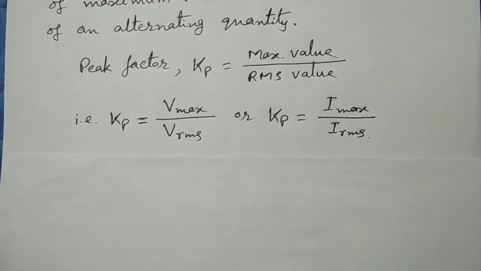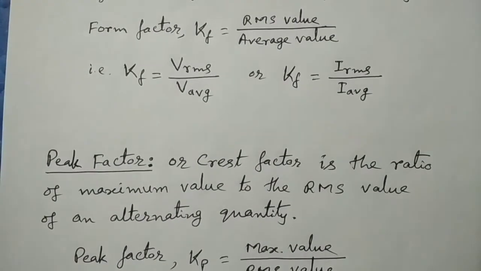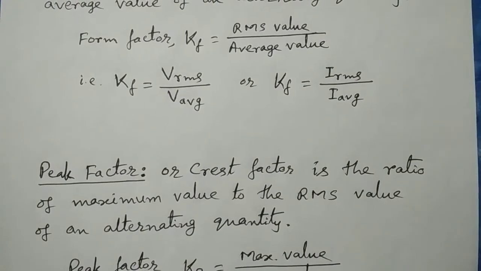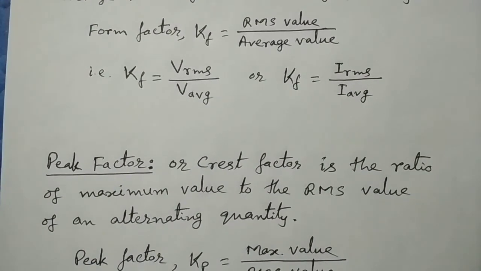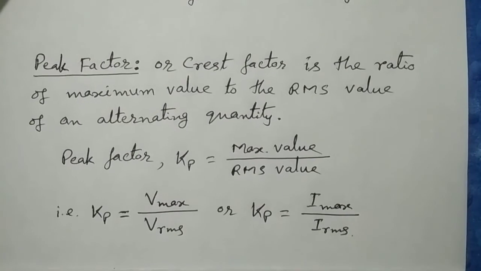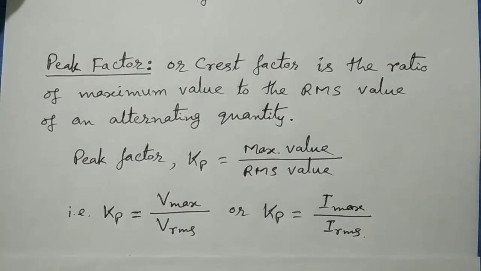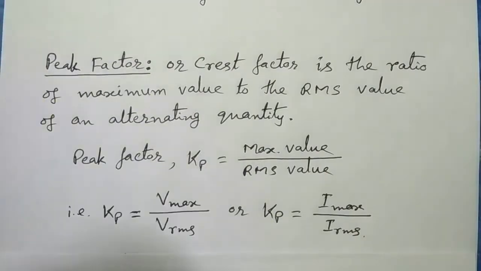This form factor and peak factor are basically used to design the alternating voltage source. For example, we have seen the inverter in our household applications. It basically converts the DC voltage from the battery to the AC voltage when the light goes off.